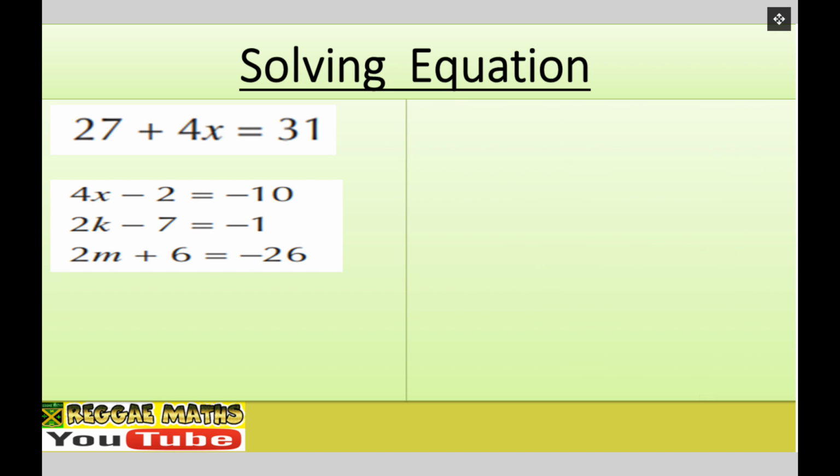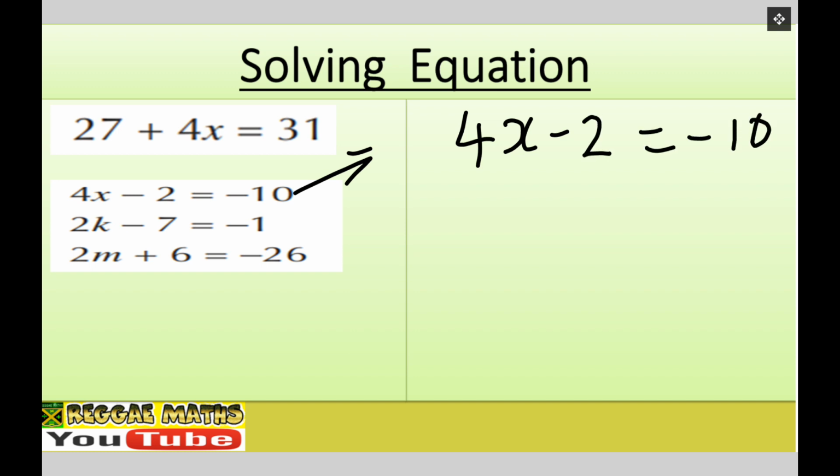The beautiful thing about maths as a building block is that it doesn't really matter if you have signs change, you follow the same process. So we have here 4x minus 2 equals minus 10. Nothing changes, the process remains the same.